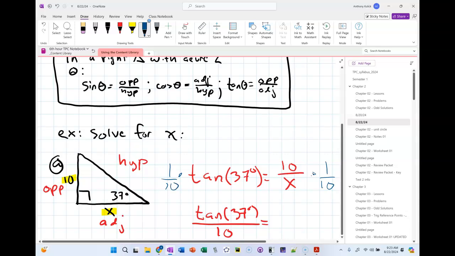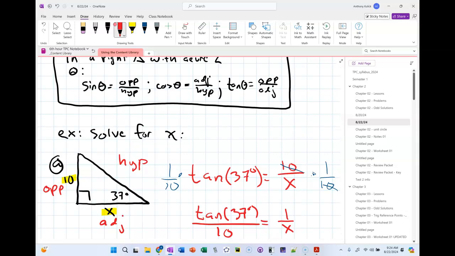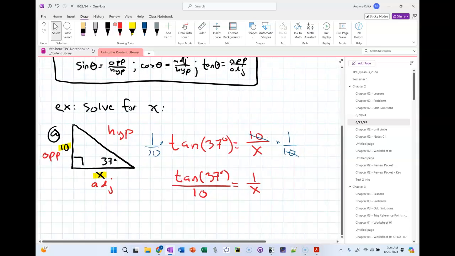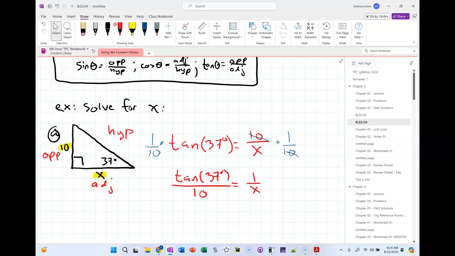Yeah, you're multiplying both sides by 1/10. That's the same thing as division. So we can write it that way. 1 over x. That's an important distinction, though. It's a very common mistake to miss that we're still in a fraction here. Does everybody see what happened?